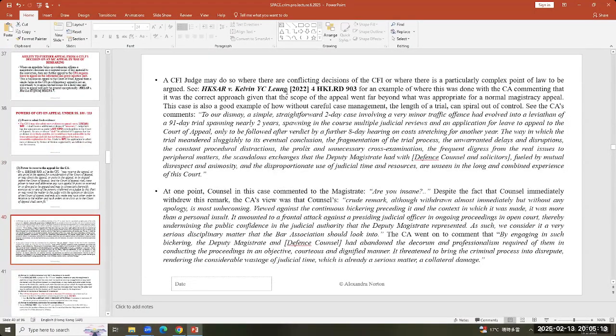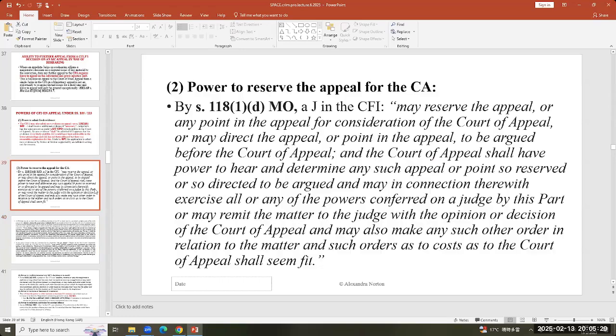So remember this Kelvin YC Learn case where there was this bickering, arguing between a magistrate, defense counsel, prosecutor and solicitors and everything. What the CFI judge did here is he used his power under 118 1D to say, this case is a nightmare. I don't want to be involved in this at all.